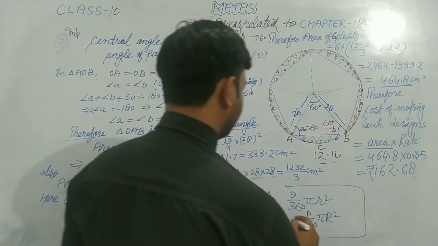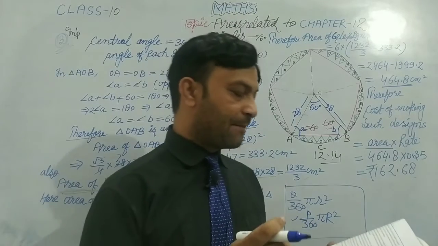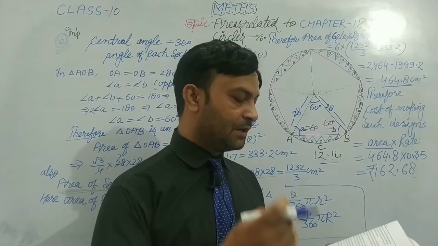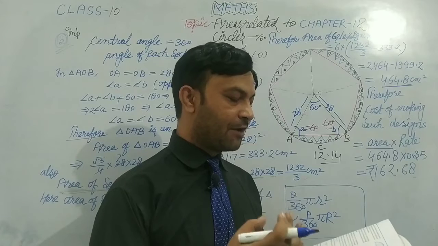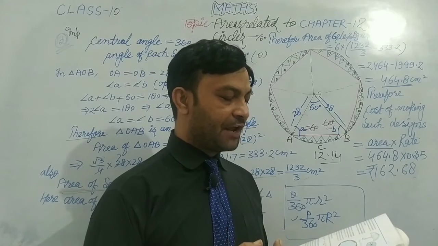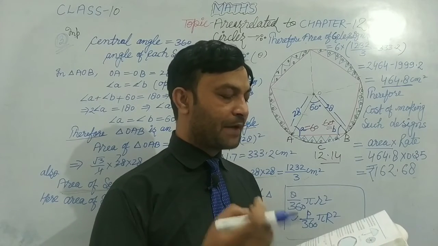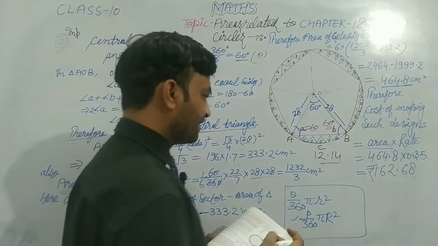Now let's see the 4 parts. The first part is P over 180 multiplied by pi r square. The second part is P over 180 pi r square. The third part is P over 360 pi r. And the last part is P over 720 multiplied by 2 pi r square. So D is the correct answer. Why?